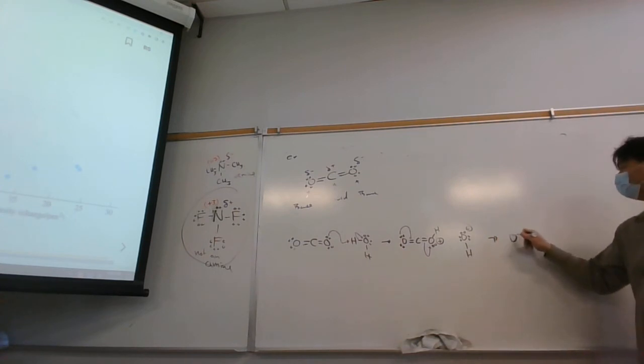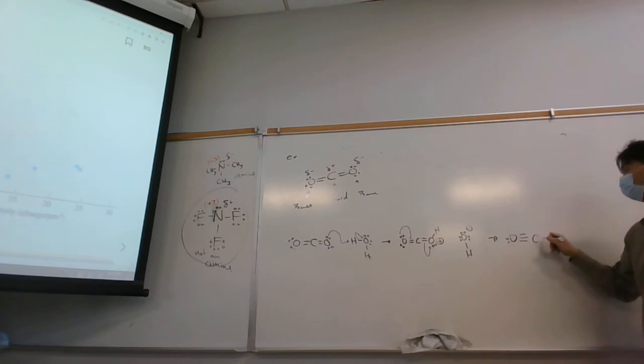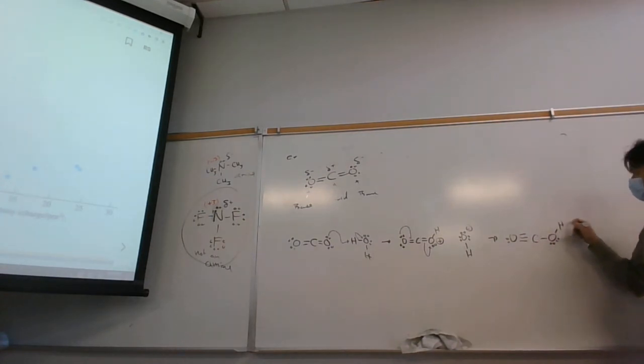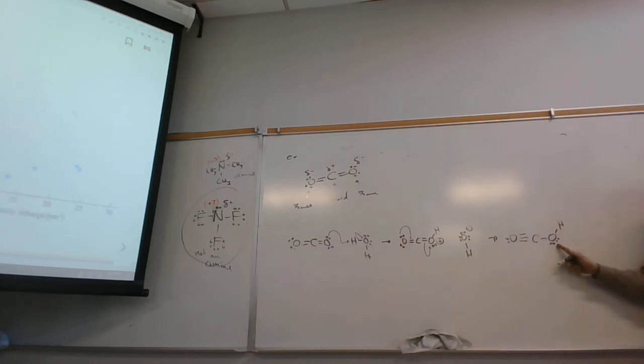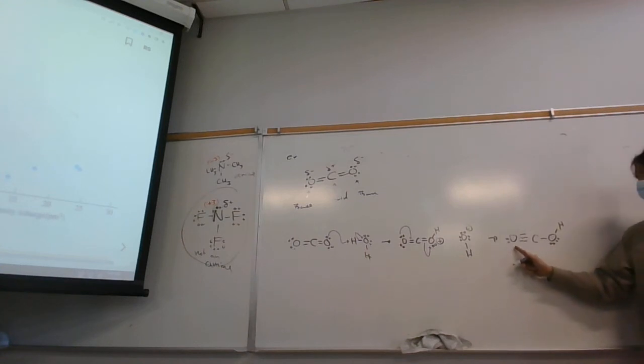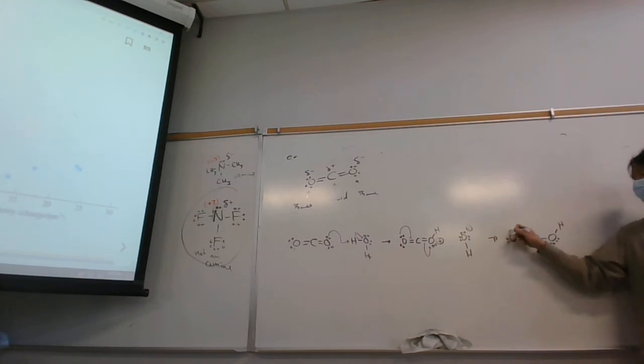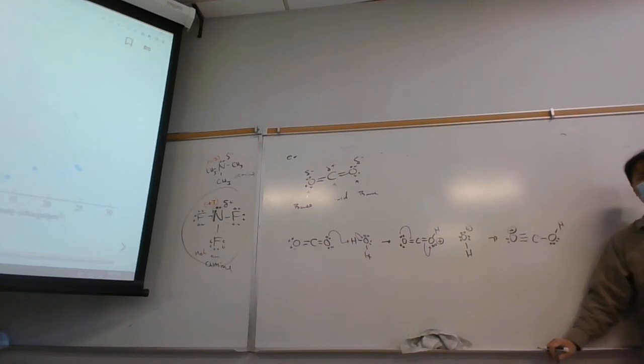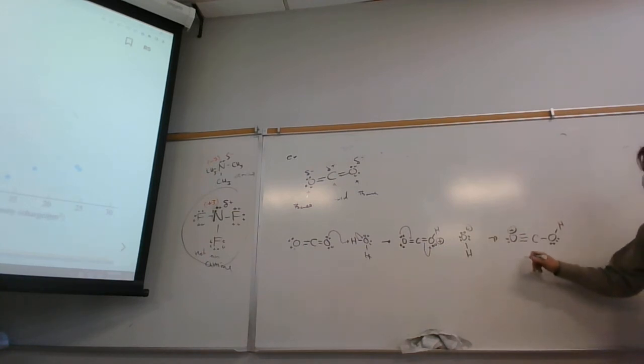Okay, so now the formal charge on this oxygen is now 0. However, the formal charge on this oxygen is now plus. You see? And so we end up kind of with a dead end.